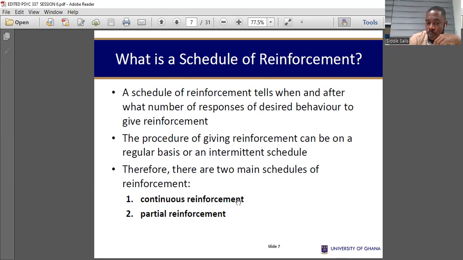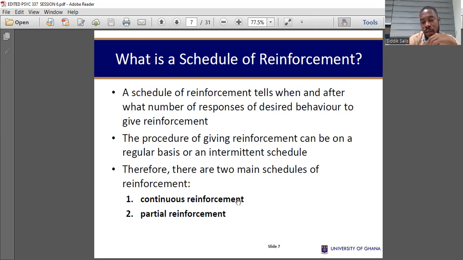Continuous reinforcement means you are rewarded for every correct response you give, where response means behavior. The moment you put out the desired behavior, you are reinforced. So reinforcement comes after every correct response.